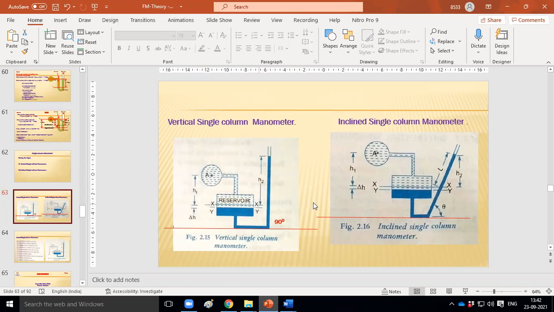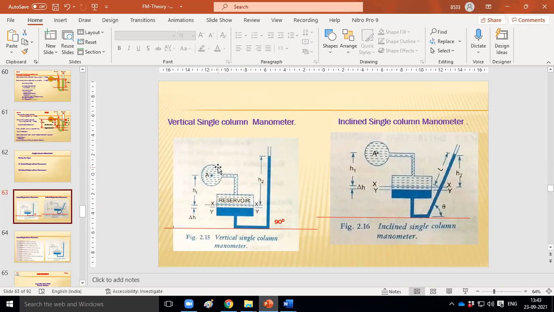If there is no pressure in the pipeline, then the mercury level on both sides is at the same height. Two horizontal lines are shown here, XX and YY. If initially there is no pressure in the pipeline, the initial level of mercury is at line XX.